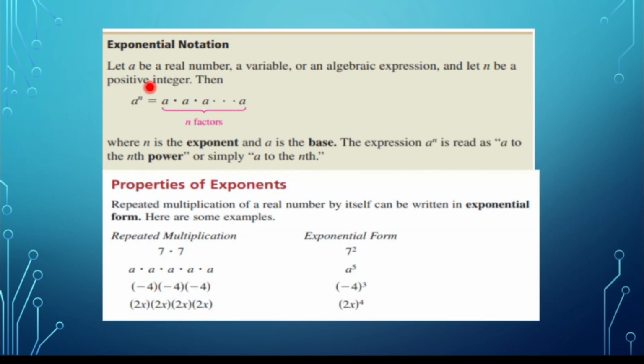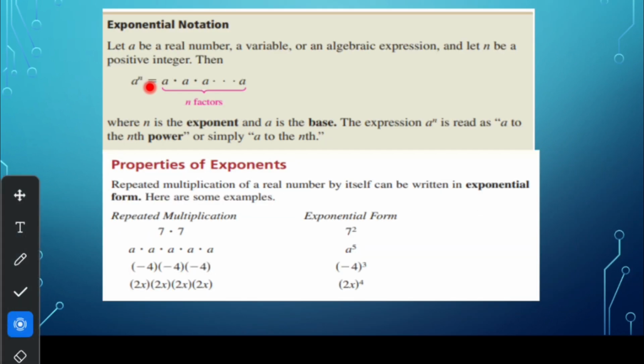Okay, here we have several examples. As in the first example, you can see that 7 is written twice. 7 is multiplied by itself twice. So we can say that 7 is having power 2, or 7 is having exponent 2. In the next example, a is written 5 times. a is multiplied by itself 5 times. So 5 has become the exponent over the base a.